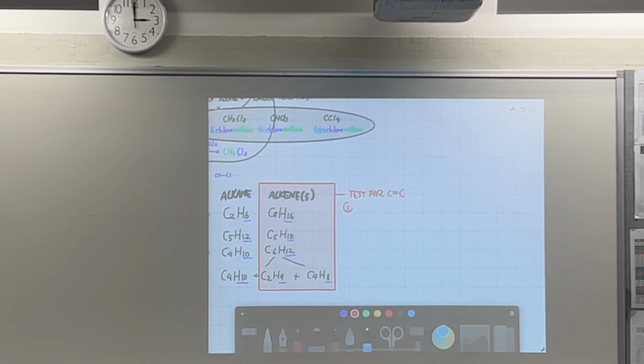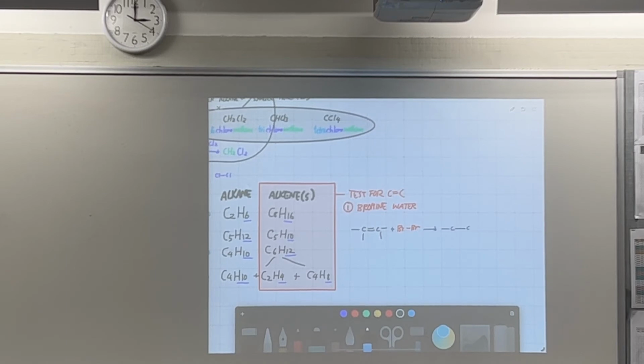So alkene, the test for C=C double bond. We can use number 1, bromine water. What is the color change when you use bromine water? From brown to colorless, or orange to colorless. That's because when you have a C=C double bond, the bromine will add itself into the double bond, forming a colorless product.